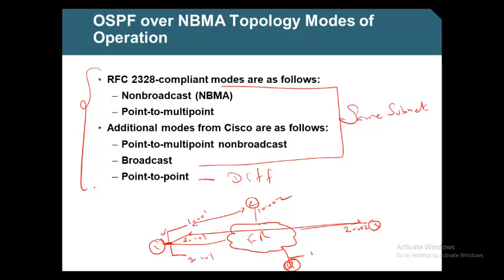So there is no DR-BDR between these. This is one physical wire, and these 3 are sub-interfaces. But here, physical port, physical port, physical port. Different subnet with each neighbor. Whereas in the first 4, all neighbors are in the same subnet. I hope you understood: same subnet between neighbors, different subnet between neighbors. Any question?